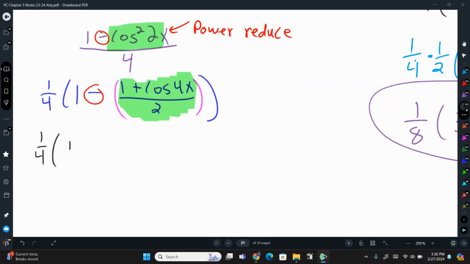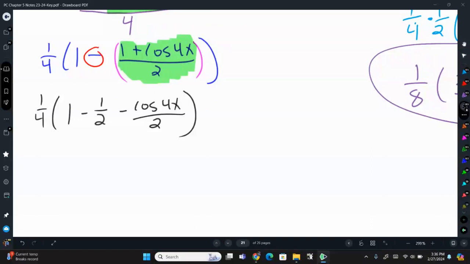So 1/4 times 1 minus 1/2 minus cosine 4x over 2. And I also split up the fraction. So instead of 1 plus cosine 4x, when I distributed the negative, I made it two separate fractions. So then I'm going to factor out a 1/2.